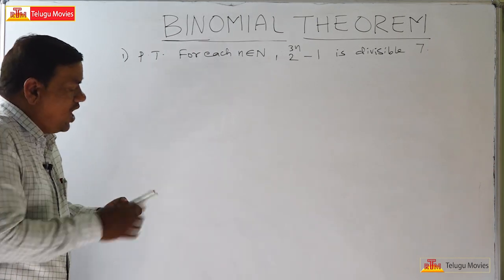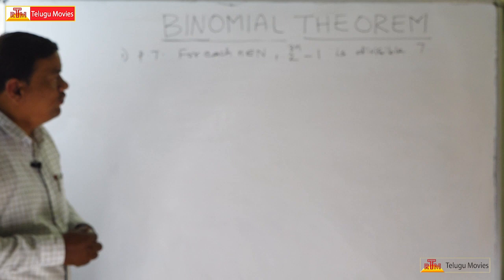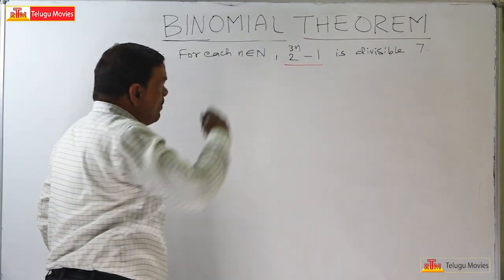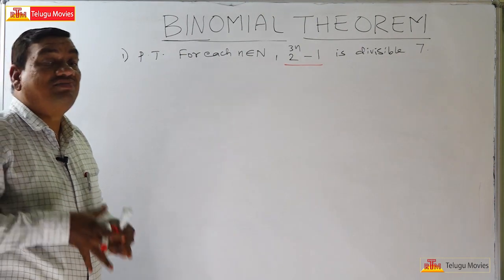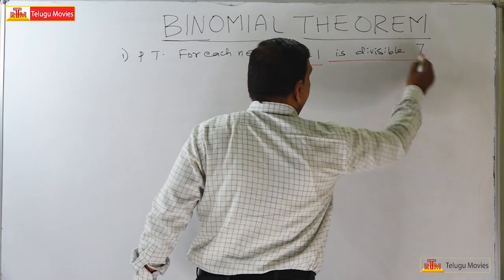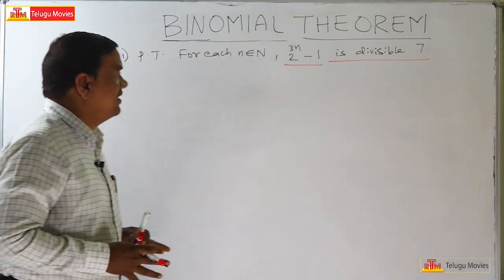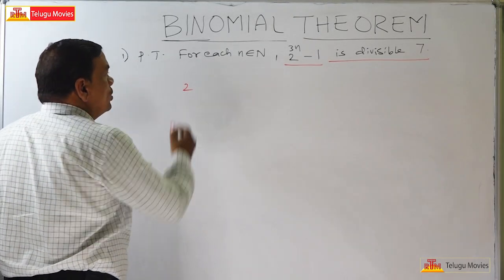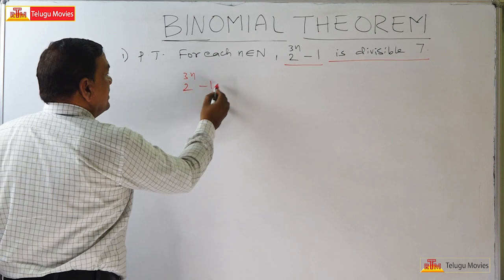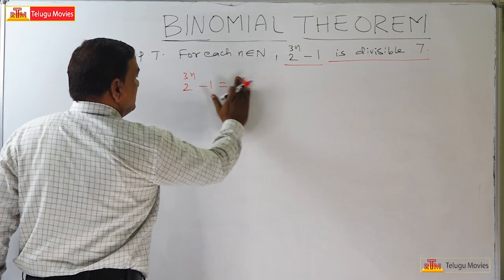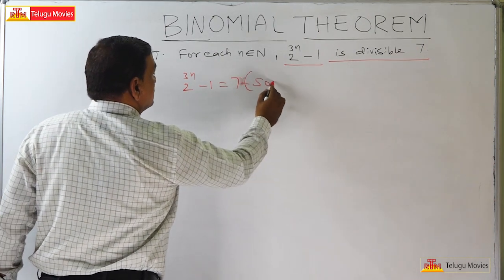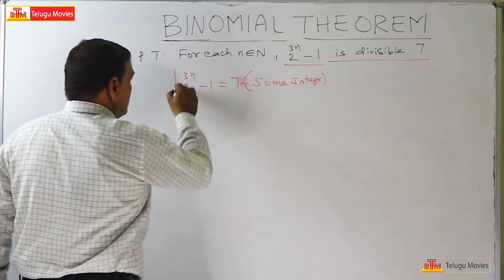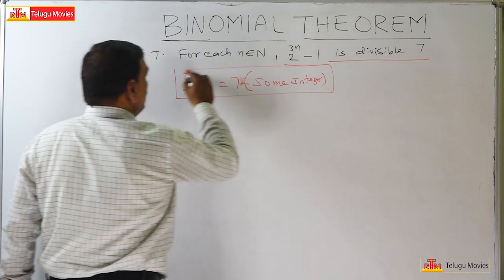Now what we have to prove? We have to prove that 2 to the power of 3n minus 1 is divisible by 7. That means you have to express 2 to the power of 3n minus 1 is equal to 7 into some integer. If you are able to get this result, the problem is over.